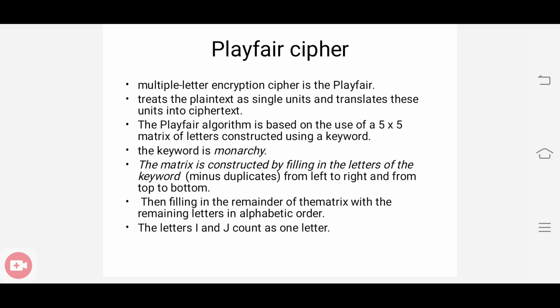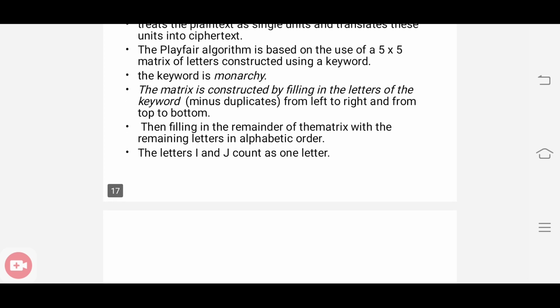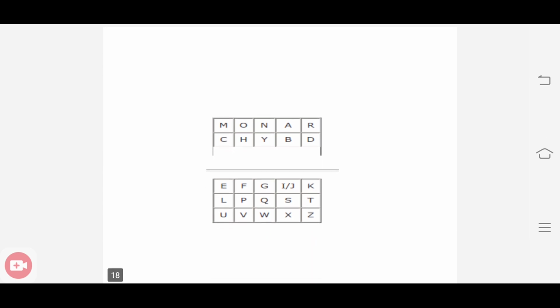Then the remainder of the matrix is filled with the remaining letters in alphabetic order. The letters I and J count as one letter. So first fill a 5 by 5 matrix by using monarchy.